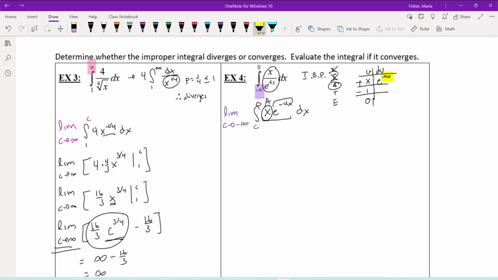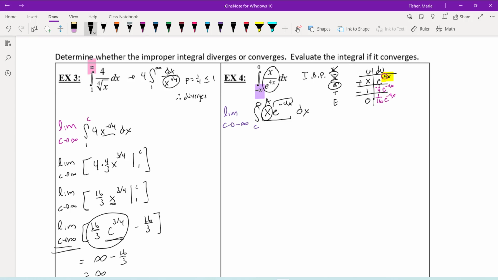So when I'm integrating it as an e to the u, I have to multiply by the reciprocal of the coefficient of the x term. So I have to multiply it by the reciprocal of negative 4, which is negative 1/4. So we have negative 1/4 e to the negative 4x, integrate again. Negative 1/4 times the negative 1/4 is a positive 1/16 e to the negative 4x.